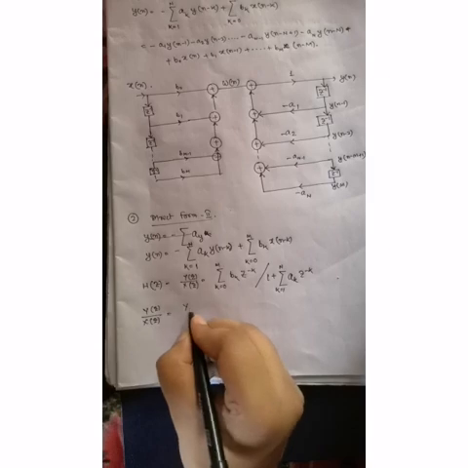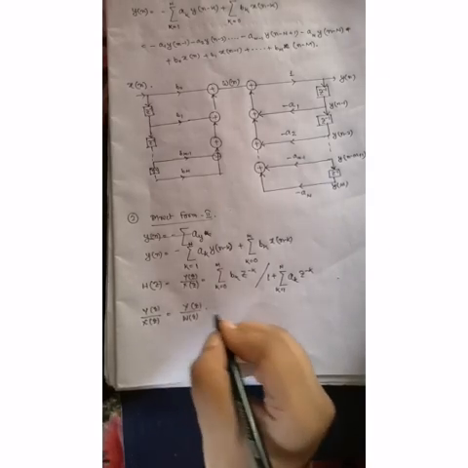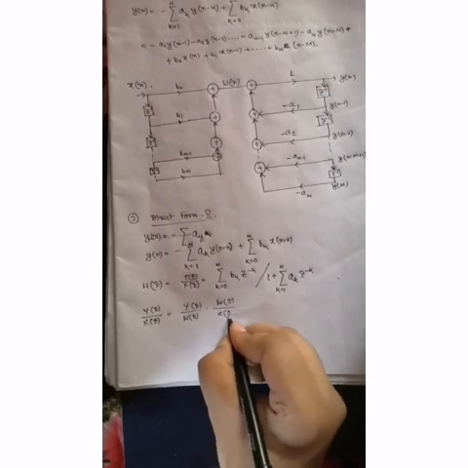So this Yz by Xz may be written as Yz by Wz, the intermediate state, into Wz by Xz. So there are two functions.